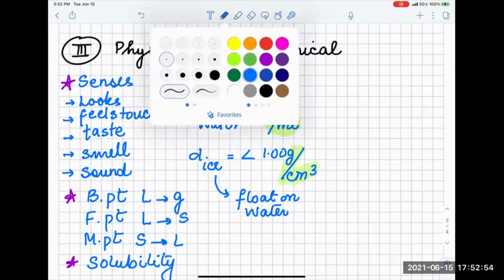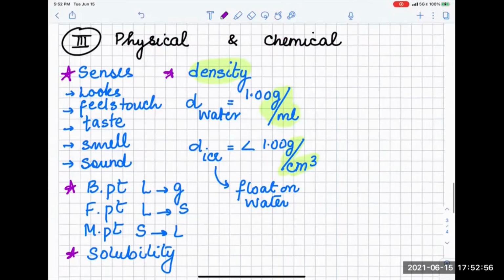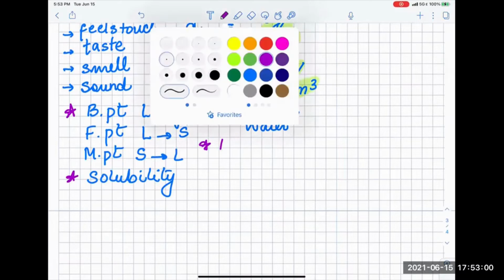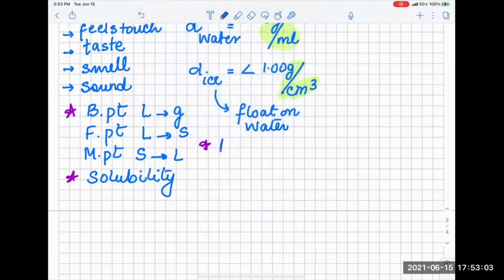Besides that, we look at other qualities also, like malleability. Now, what is malleability? Malleability, M-A-L-L-E-A-B-I-L-I-T-Y, is can you beat the substance into thin sheets?